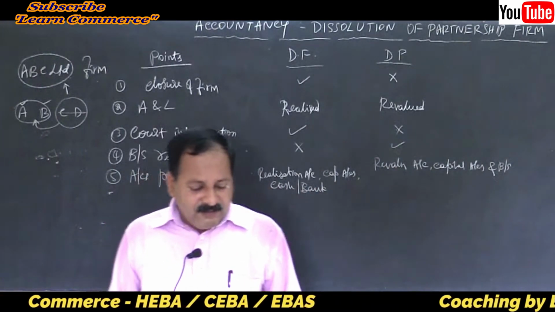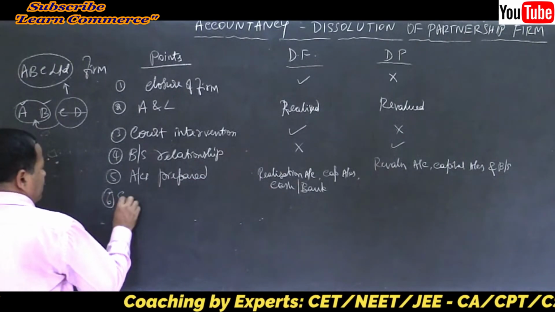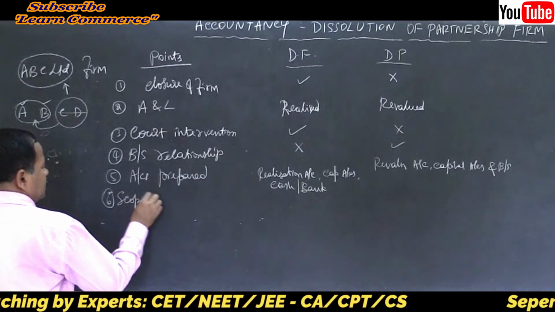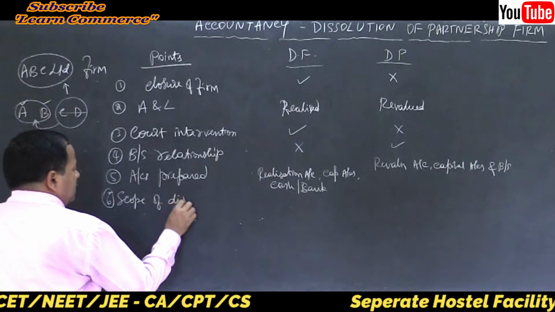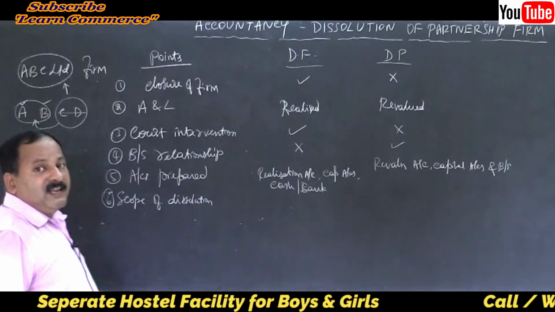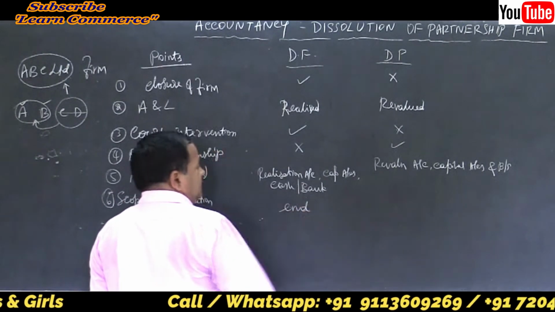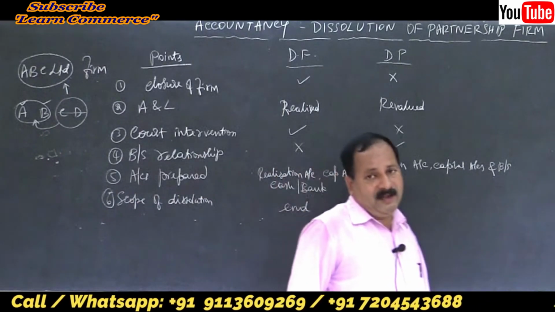And the last point, scope of dissolution. In case of dissolution of a firm, it brings the life of the firm to an end. The life of the firm comes to an end.